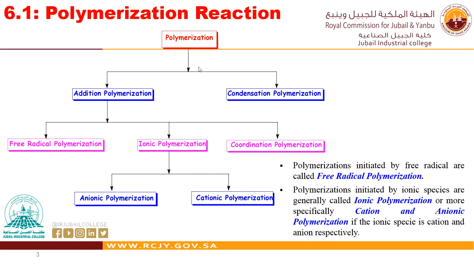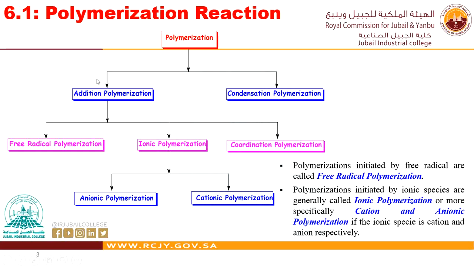And this polymerization is divided into two: either condensation polymerization or addition polymerization. Condensation polymerization involves reaction of a functional group, and you remember in chapter 1 we talked about different types of functional groups: alcohols, aldehydes, ketones, epoxies, and some other functional groups.